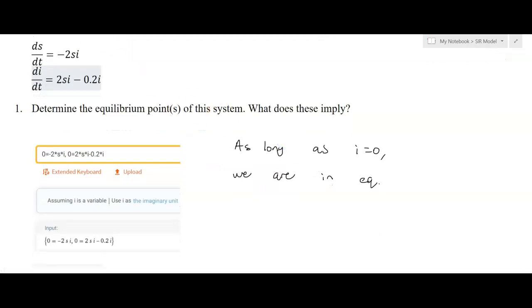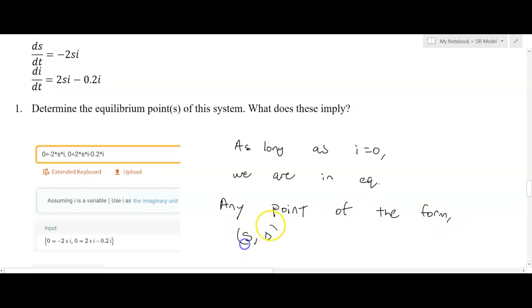And so any point of the form s comma 0, where little s and little I are equal to this ordered pair.